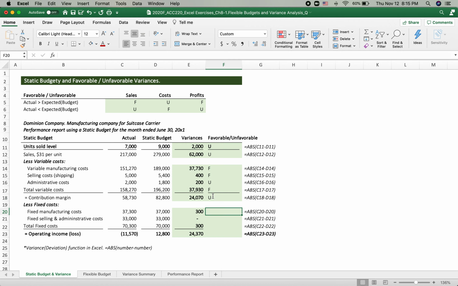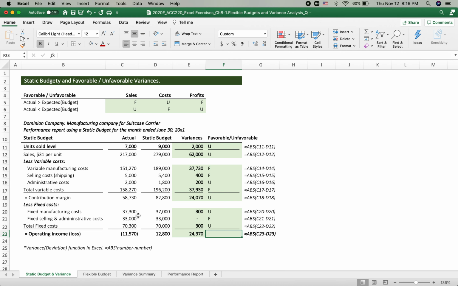And the fixed manufacturing cost, we spent more, so unfavorable. And then we just matched the static budget as actual, so favorable. And then total fixed cost is automatically unfavorable.